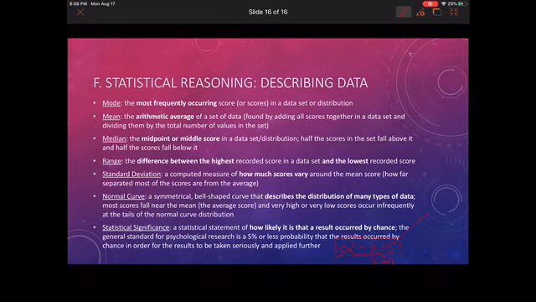And what that stands for is 5%. 5% of what? 5% chance that you got this result by accident. 5% chance that the result that you got occurred by chance.